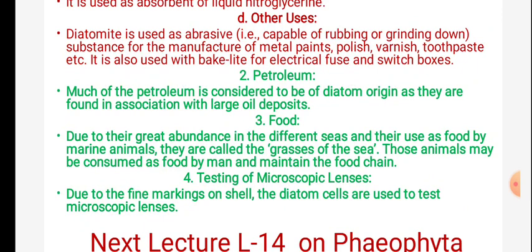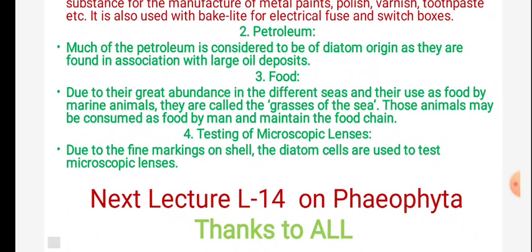In the petroleum industry, they are found in association with large oil deposits. As food, they are abundant in different seas, so they are used as food by marine animals, commonly called the grasses of the sea. Those animals may be consumed as food by man, maintaining the food chain.